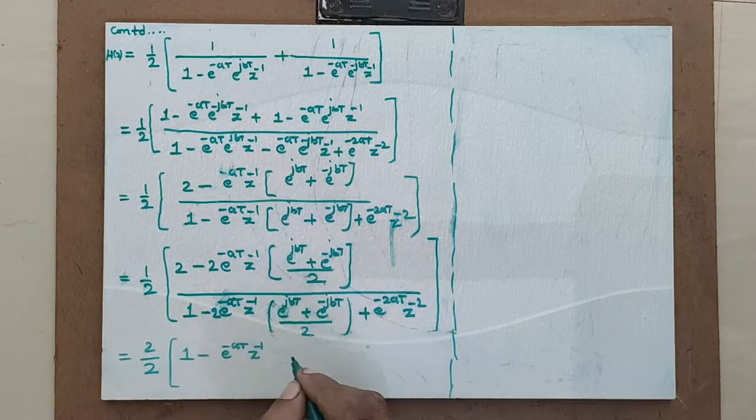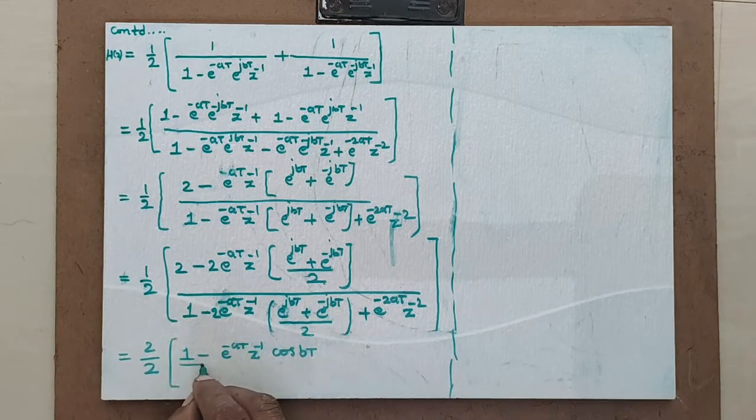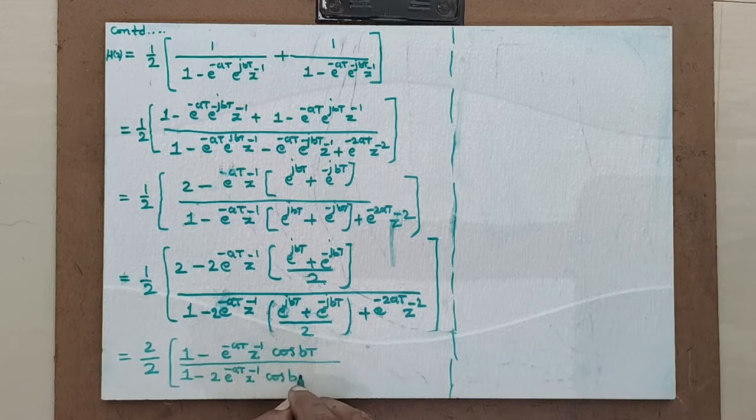This e raised to jbt plus e raised to minus jbt divided by 2 is cos bt, whole divided by 1 minus 2 e raised to minus at z raised to minus 1, again cos bt, plus e raised to minus 2at z raised to minus 2. Right. This 2 cancels. This is my answer.